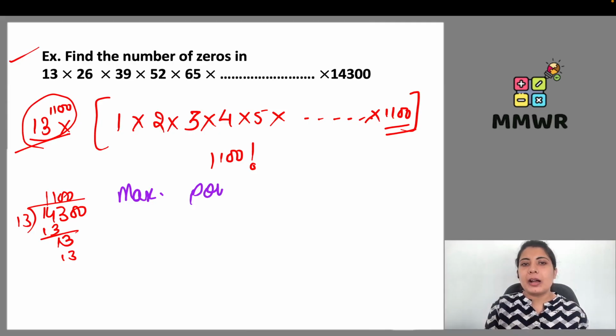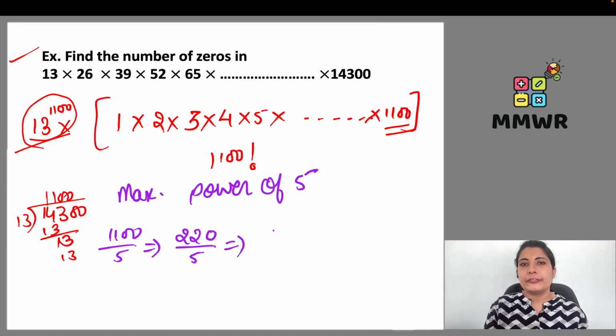सो मैक्सिमम पावर ऑफ 5, 1100 divided by 5, 5 twos are 10, 5 twos are 10, 220 times. Again by 5, 5 fours are 20, 5 fours are 20, 44. Again by 5, 5 eights are 40, 8. Again by 5, 5 ones are 5, 1. Right?